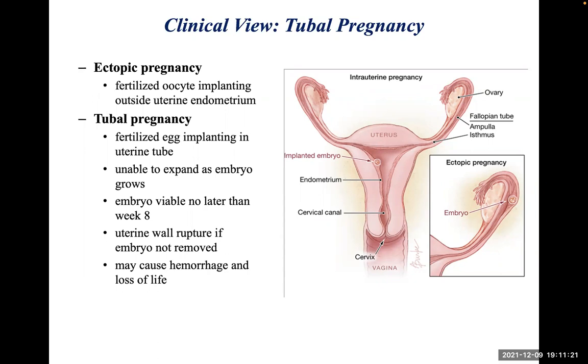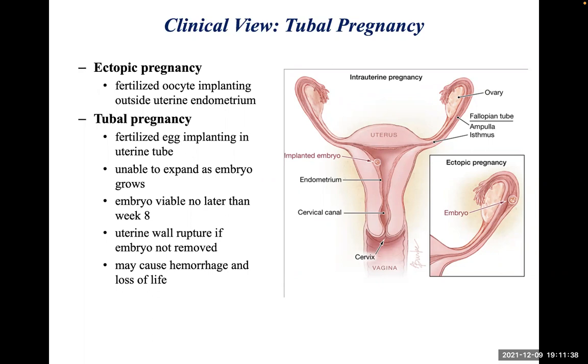Of course, that's not an area that is designed to handle the growth and maturation of an embryo to a fetus. So that is not compatible with life, nor is it compatible with life to have the blastocyst implant into the fallopian tubes.